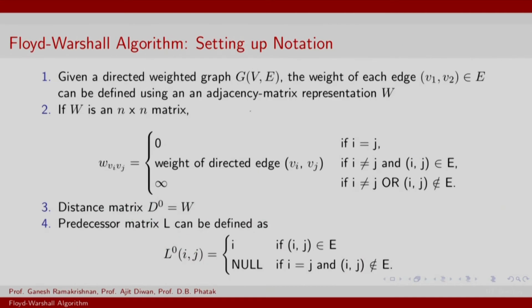So let us set up the notation before we give you the complete algorithm. So given this weighted graph, we are going to represent the weight of each edge in an adjacency matrix representation. So W is the adjacency matrix representation.